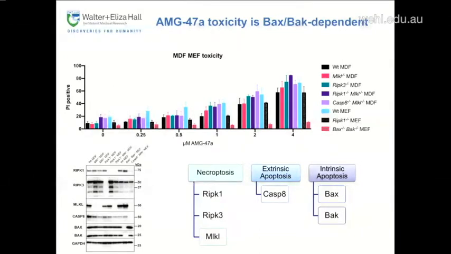The only cell line that could be protected from the toxic effects of this drug was the BAX BAK double knockout mouse embryonic fibroblasts. That showed us that the AMG 47A toxicity is a BAX and BAK dependent form of cell death.